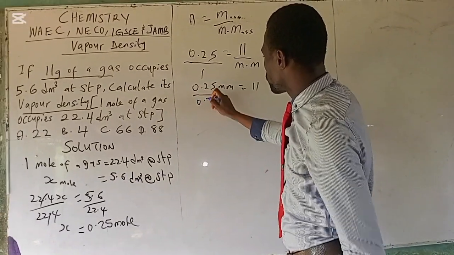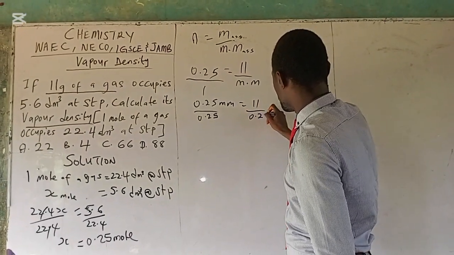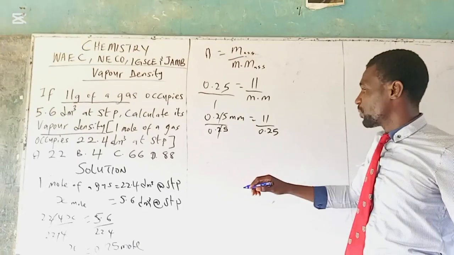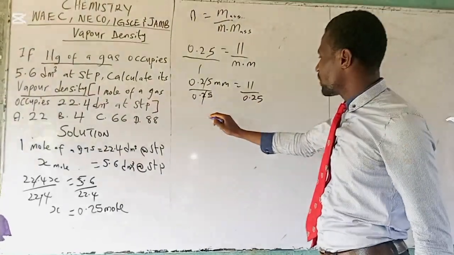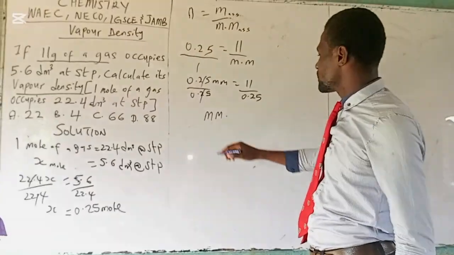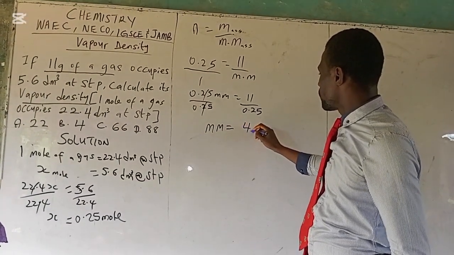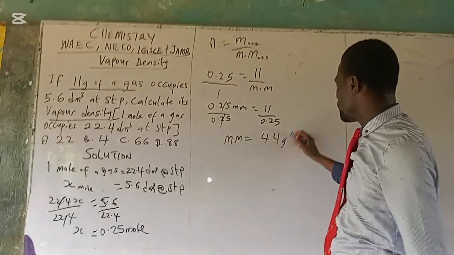So if you divide this, we have the molar mass here: 44. And molar mass is measured in grams per mole.